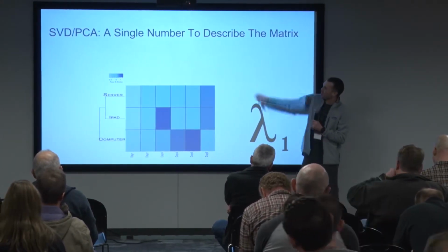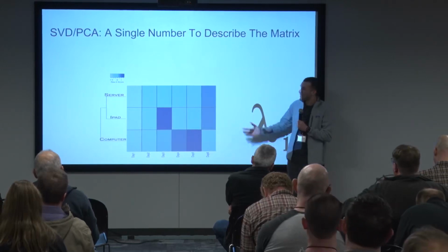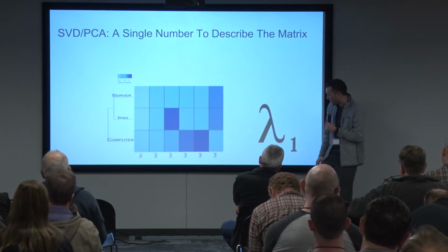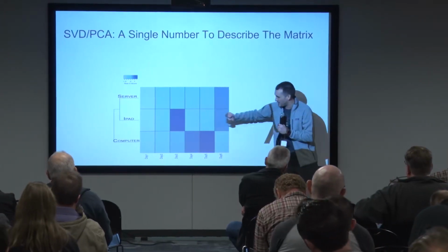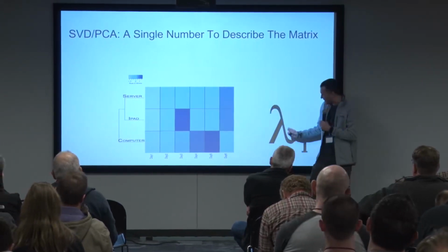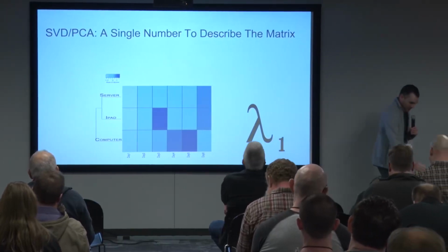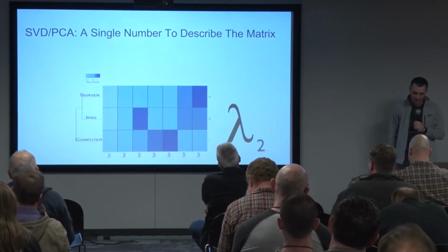We use an algorithm called SVD. It's pretty synonymous with PCA, if you've ever heard of either of them. Basically, we hit this matrix with one of those algorithms, and we get a single number to describe the matrix. That's the key intuition here from an analytics computation perspective.